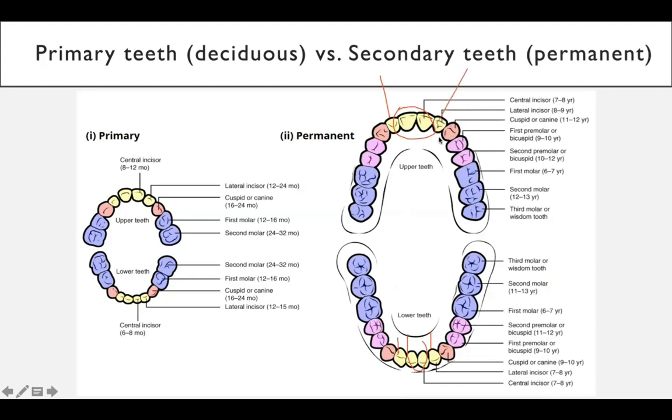Then we have canines, no central, no lateral. The premolars: towards the center is first, and away from the center towards the molar is the second premolar. Then first molar, second molar, and the third molar is the wisdom tooth. It doesn't come early; it comes in the teenage, 20s, right?